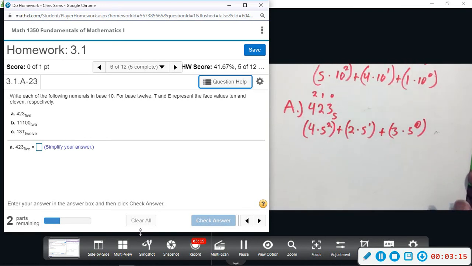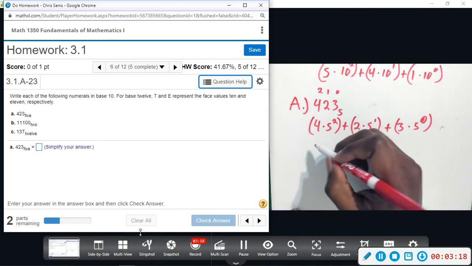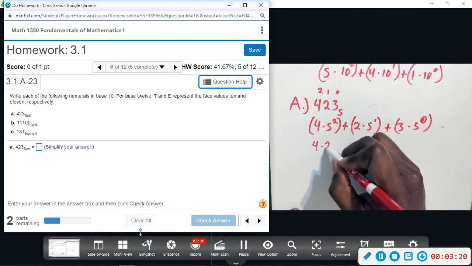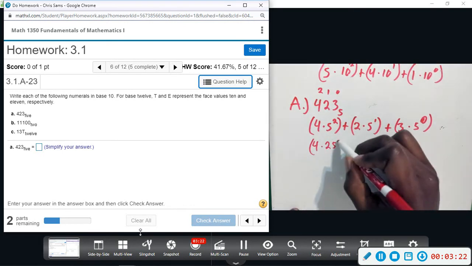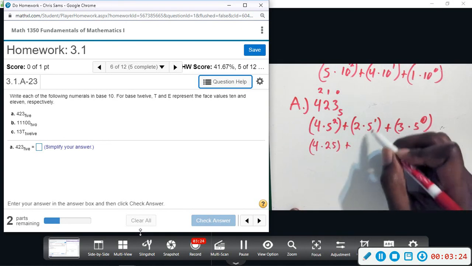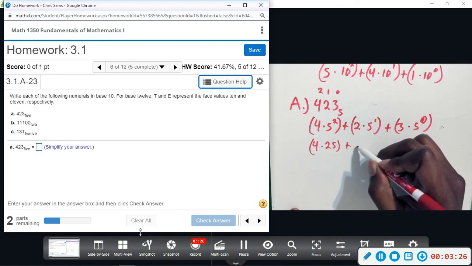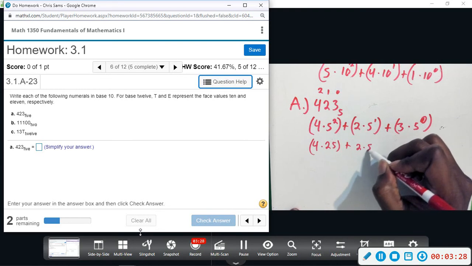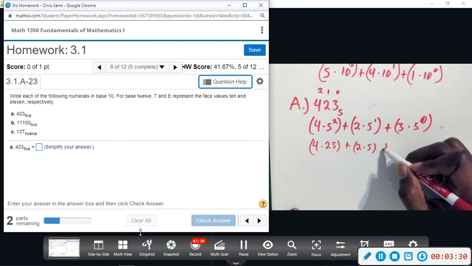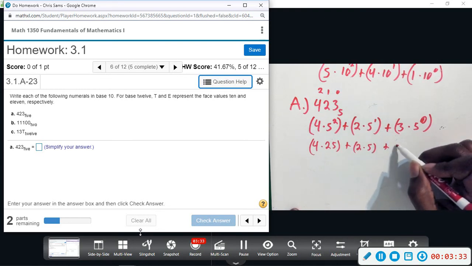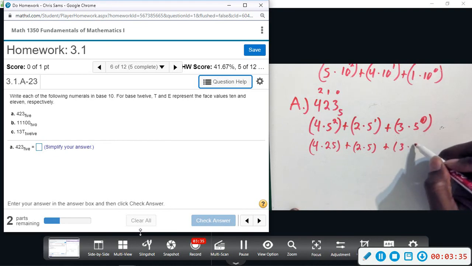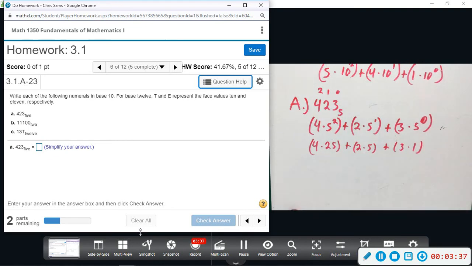So here we're doing 4 times 25. 5 squared is 25. And then we're doing 2 times 5 is 10. And then we're doing 3 times 1. This is what we're going to add up.